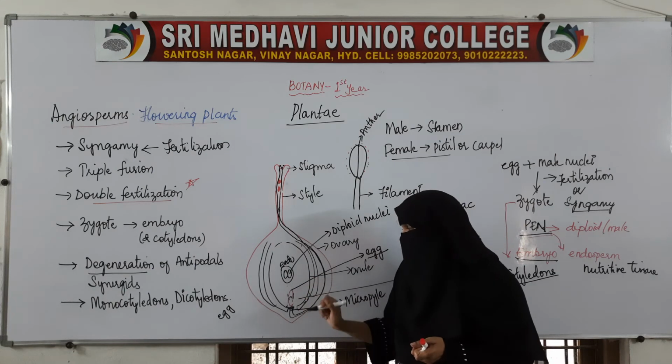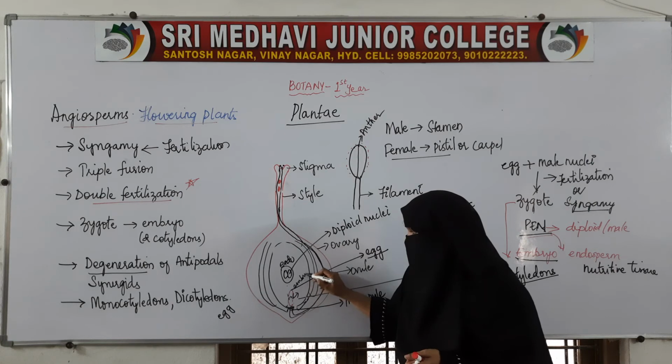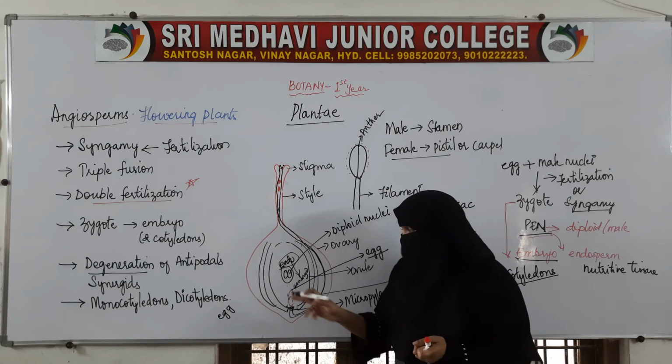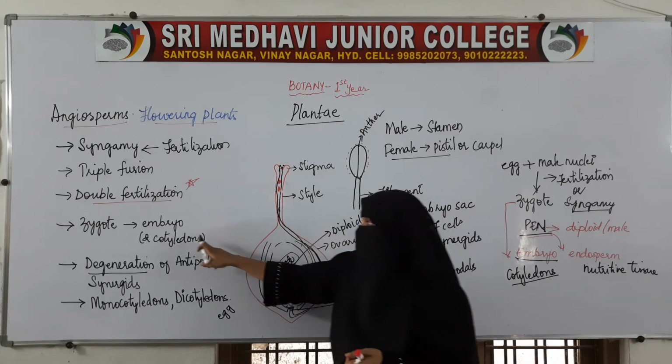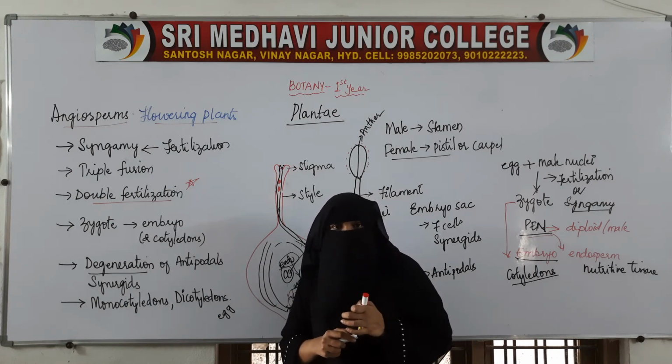Except this and this. So this changes into the embryo, and this is the nutritive tissue which provides nutrients to the growing embryo. The embryo will have cotyledons in it.